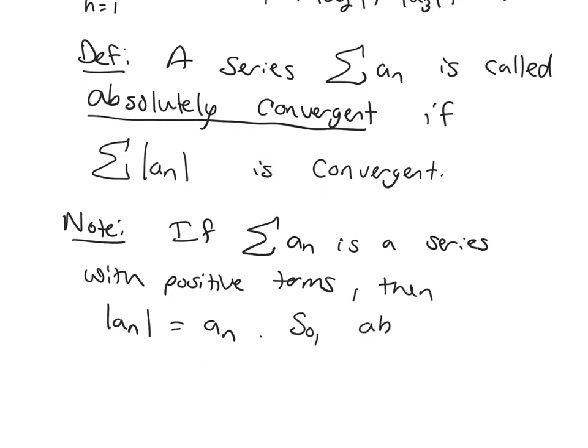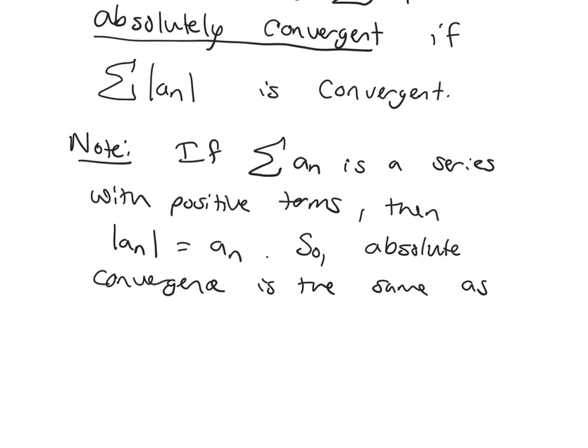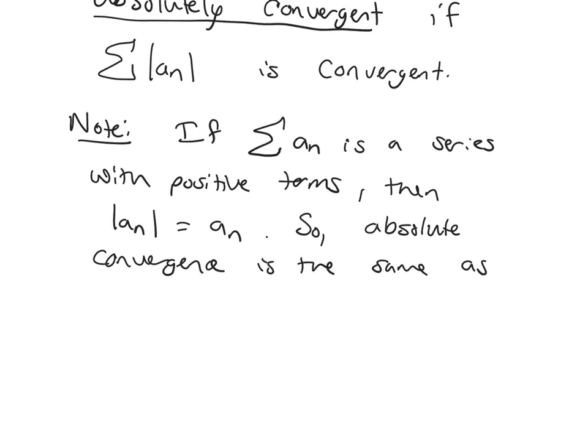So absolute convergence is the same as regular convergence. But we know not all series have positive terms. So if you have an alternating series, then these two things are different concepts.